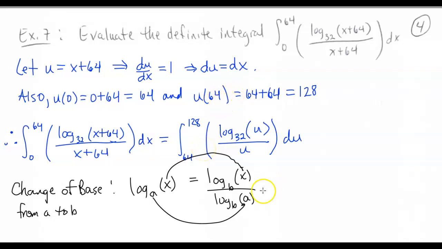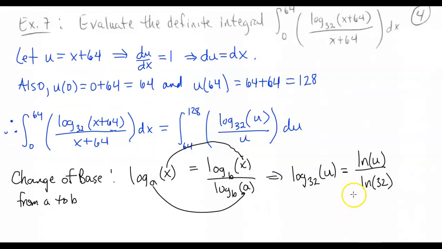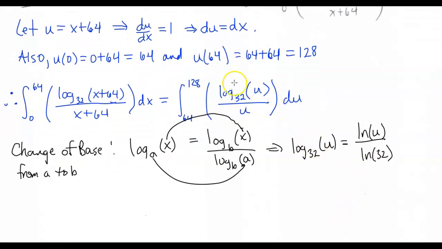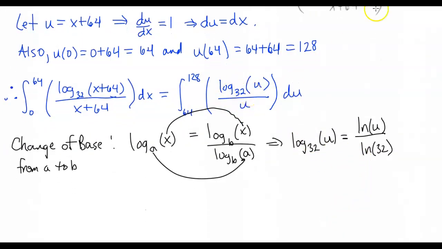So because of that, log base 32 of u, if I wanted to rewrite this in terms of a natural logarithm, would just be natural log of u over natural log of 32. Okay, and if I did that, then I could rewrite what my integrand is, and that actually makes it a whole lot easier for me to take the antiderivative.